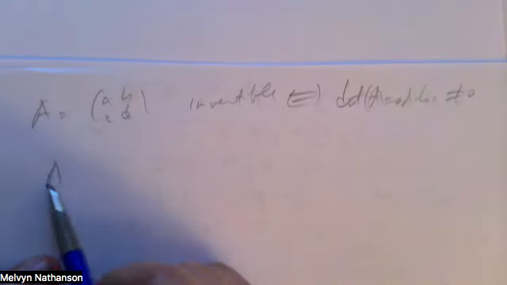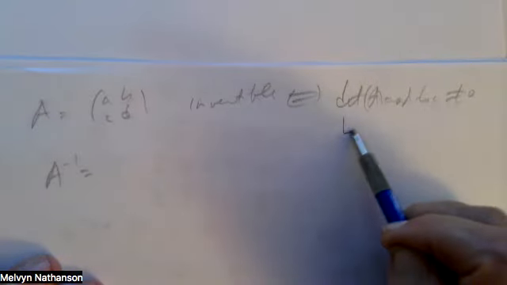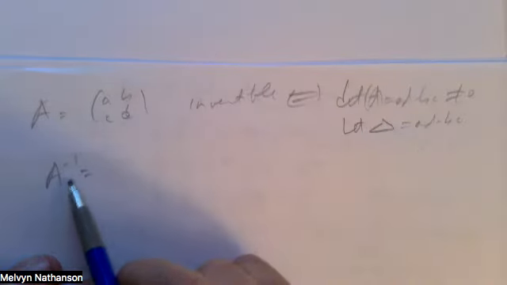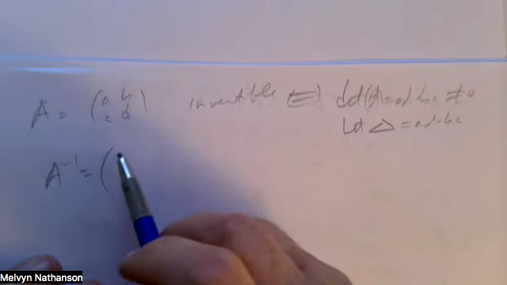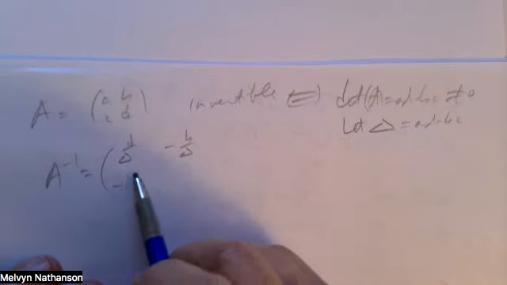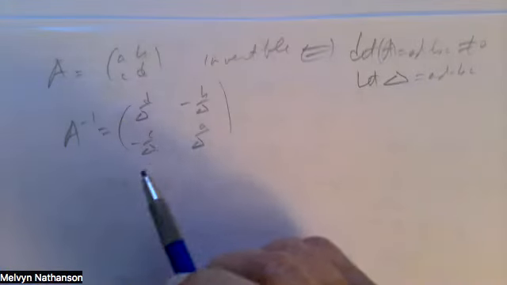And in that case, A inverse is the following. Suppose I let delta be this non-zero determinant. The inverse of A is going to be D over delta, minus B over delta, minus C over delta, A over delta. I claim that's the inverse of A.